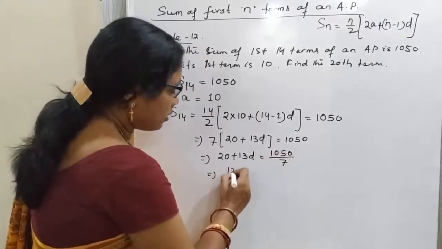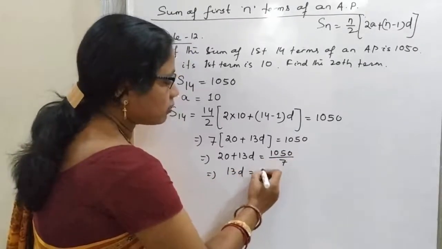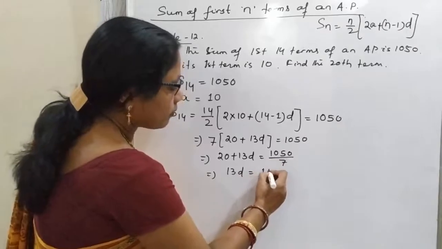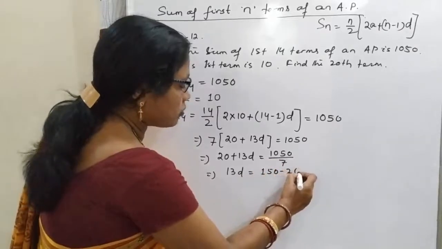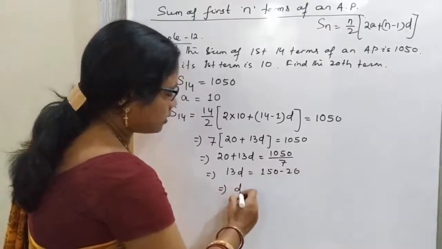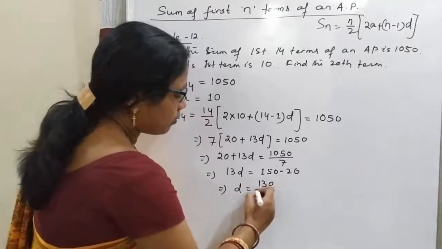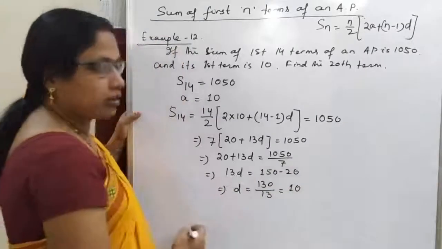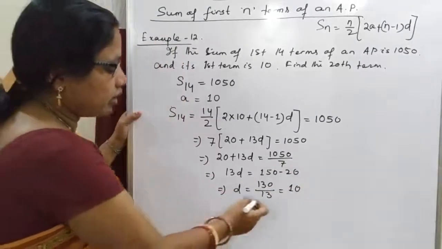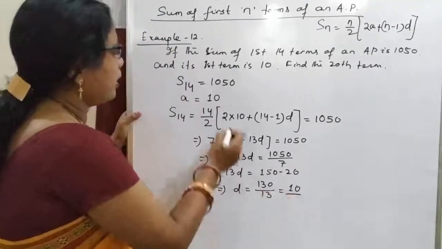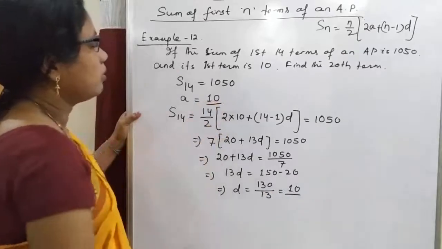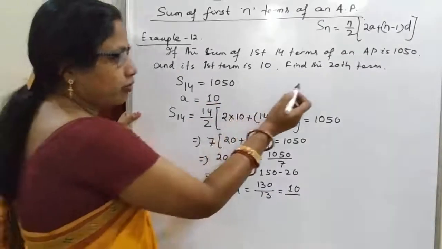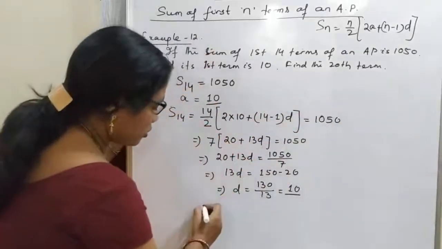So this implies 13d is equal to 150 minus 20. So this implies d is equal to 130 by 13 is equal to 10. So here we got d is equal to 10 and it is given a is equal to 10. So then we have to find the 20th term.